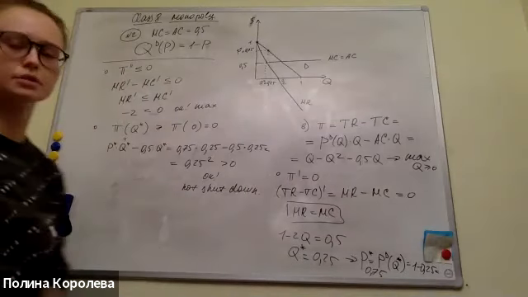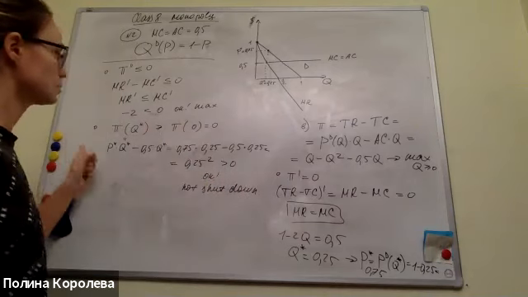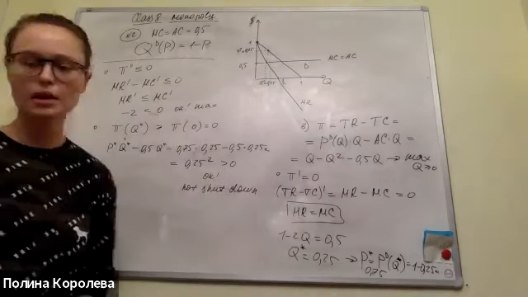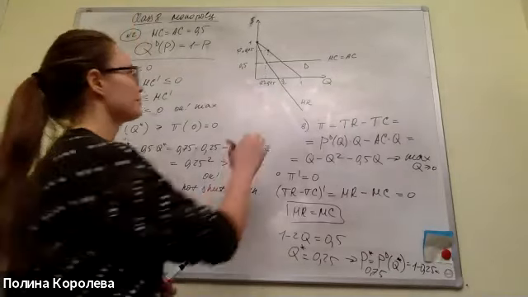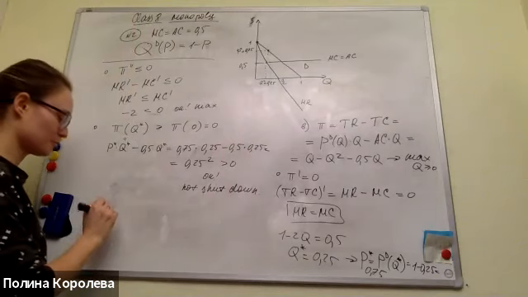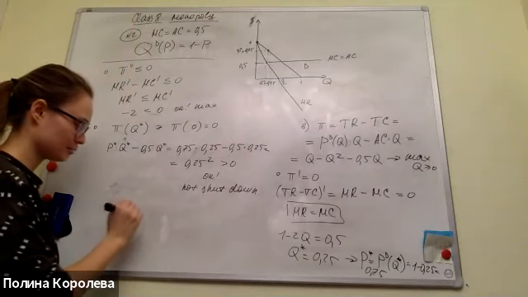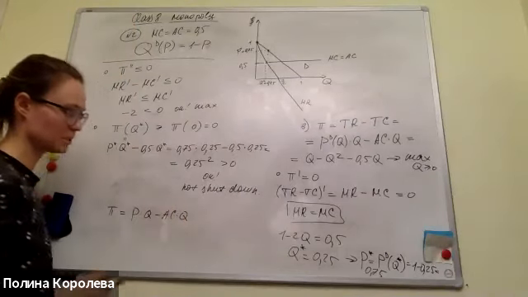This is a strict solution with all these checks: 1, 2, 3. And also we can show on the graph the profit of the monopolist. Let's see where it is. One more time, profit of the monopolist is price multiplied by quantity minus average cost multiplied by quantity.